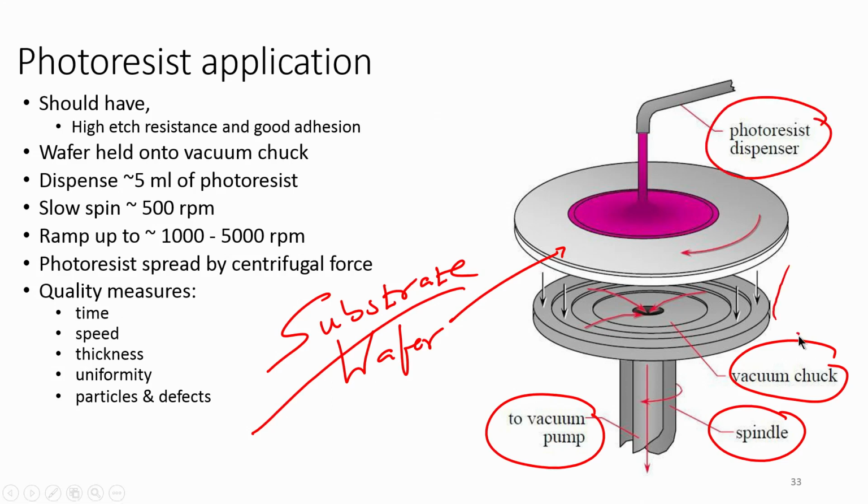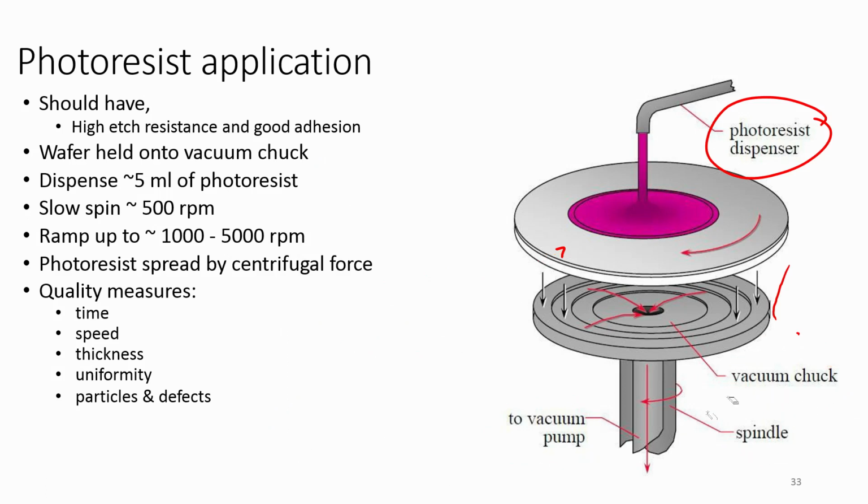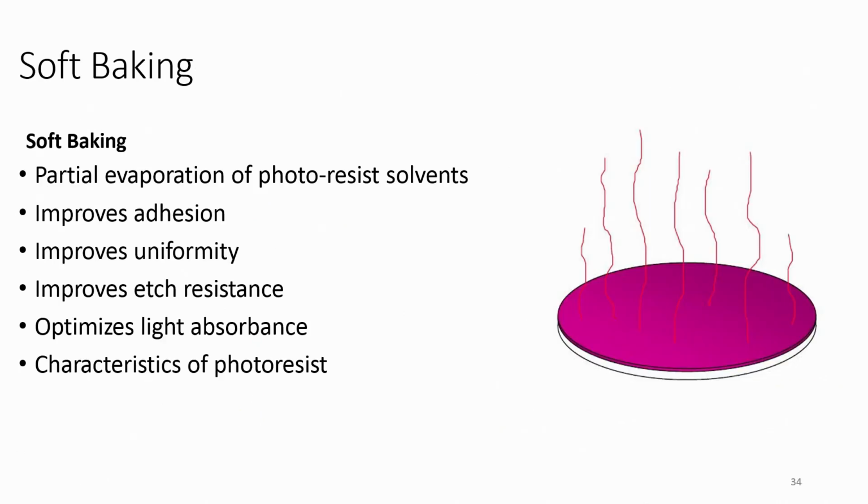There is a photoresist dispenser. Once the photoresist is dispensed, we follow slow spin, ramping up, and once it is spin coated and it stops, the quality measures can be time, speed, thickness, uniformity and particle size.